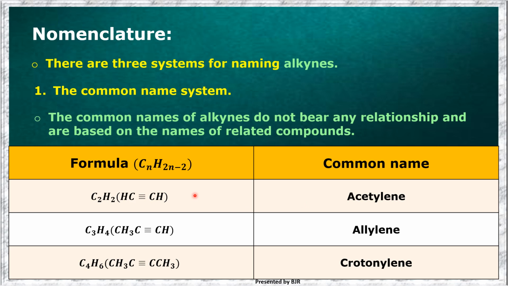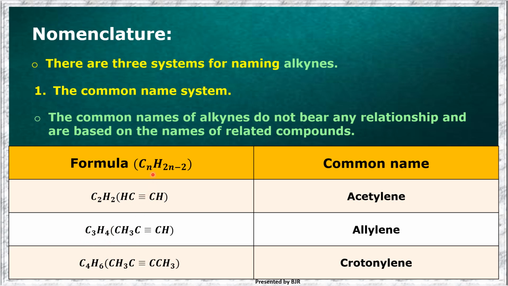The first member of the alkynes series is C2H2 and its condensed formula is HC triple bond CH. The common name of this alkyne is acetylene. The next member of the alkynes series is C3H4.